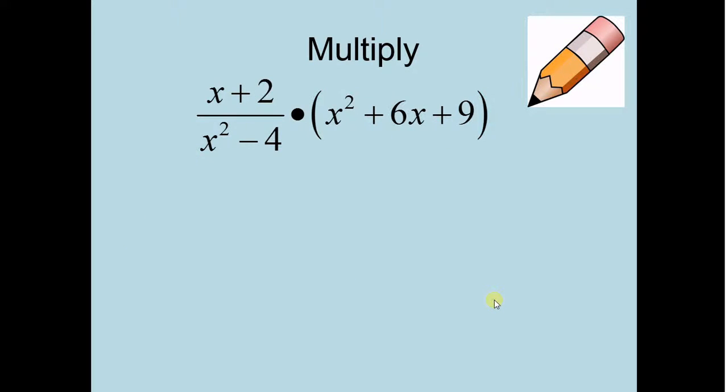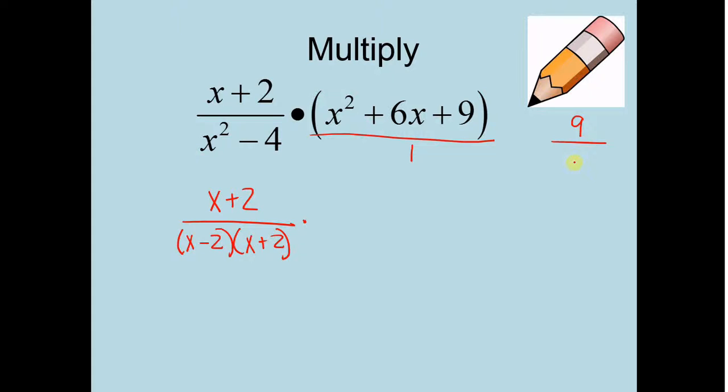Let's try this one. Remember, when in doubt, factor everything. So x plus 2 can't be factored, but the bottom there, difference of squares again. There we go. This one's not a fraction, but remember to make that over 1. Then you get a fraction. So let's AC that.